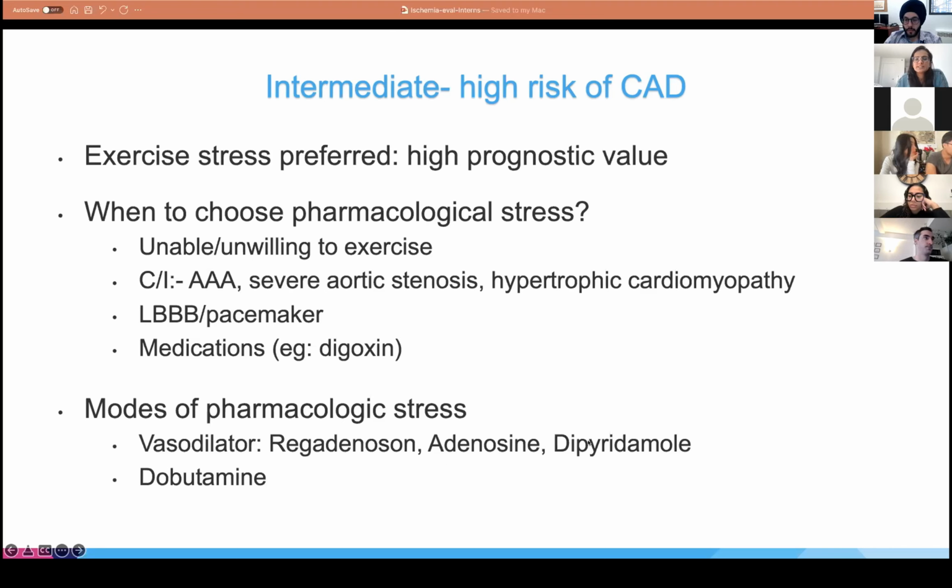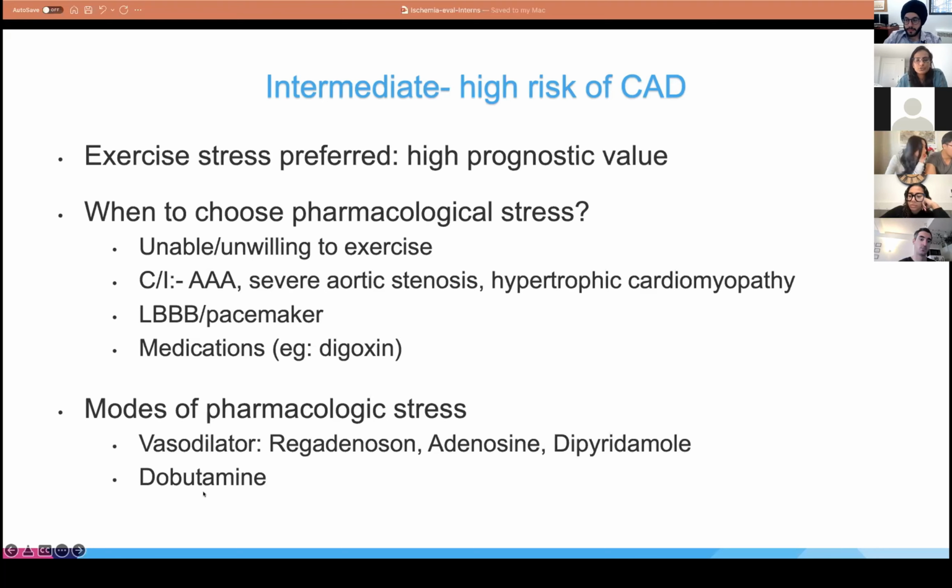These agents are adenosine agonists, and what they do is increase the blood flow. Regadenoson is selective to the heart, and some of these are non-selective. Dipyridamole also has some peripheral effects, but what we're trying to do is just increase the blood flow to the heart, and that's what's used in nuclear and MR.